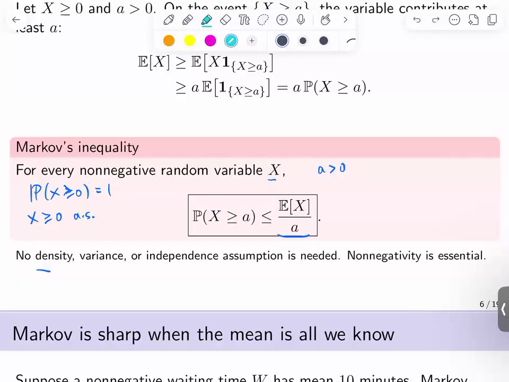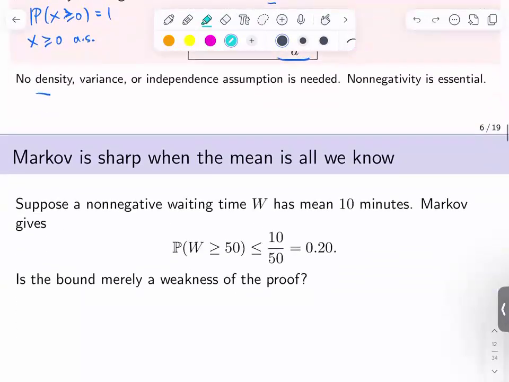It's a good question. Arun is asking, is the inequality an equality if and only if P of x is equal to 0 plus P of x equal to a is 1? Basically taking two values. I don't know. Let's think about it.